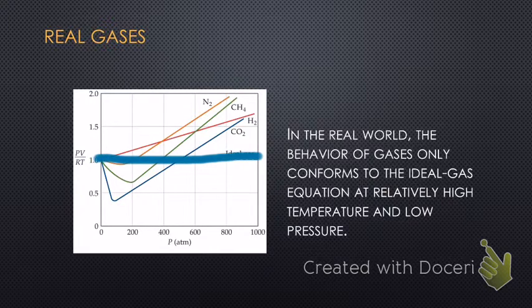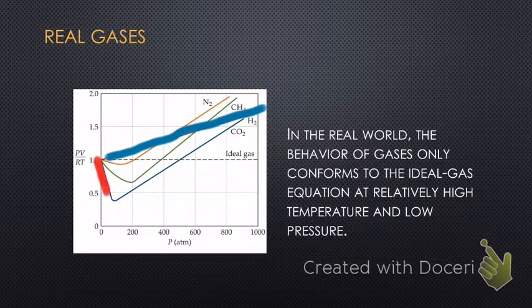They don't even have the same characteristics. For example, if we look at hydrogen, as the pressure increases, the ratio increases relatively linearly, whereas with carbon dioxide, as you add pressure, it actually deviates and decreases the ratio.